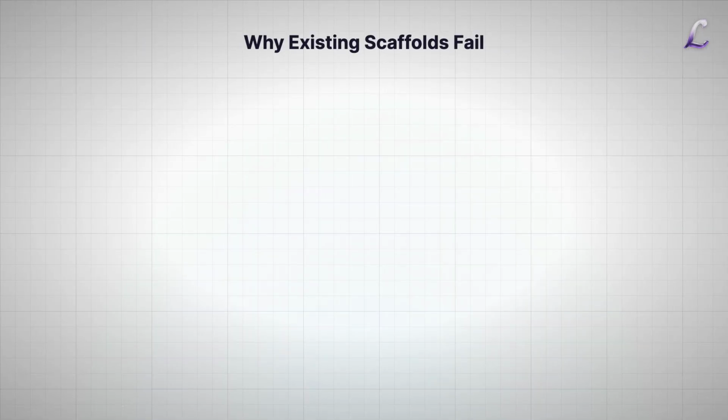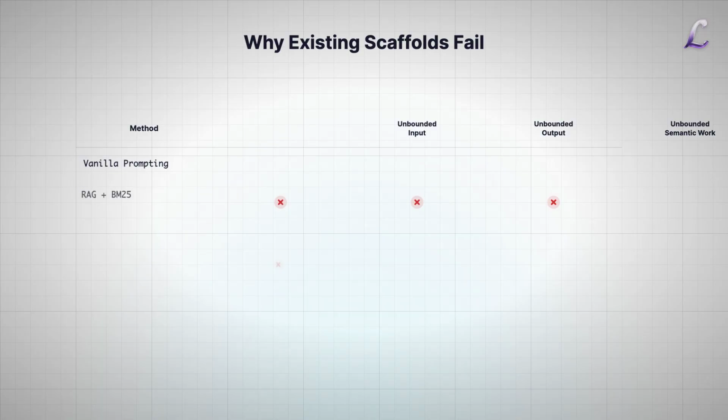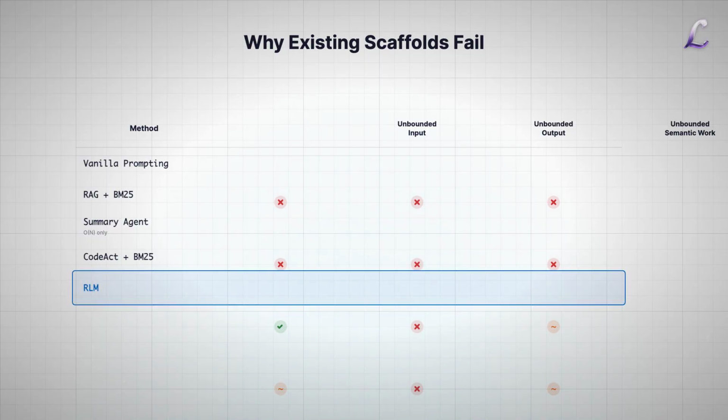Let's be precise about why other scaffolds fail. Vanilla prompting gives you O(1) semantic work. You're bound by the window. RAG uses BM25 to fetch chunks, but it can't reason across them. The summary agent gives you O(N), but compression is lossy. You destroy the data you need for quadratic comparisons.